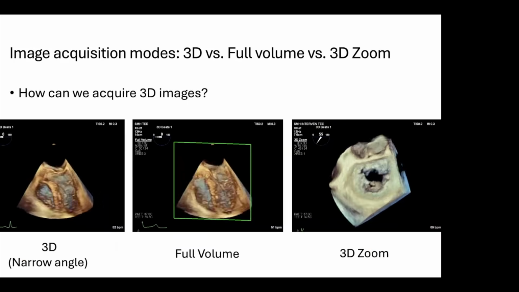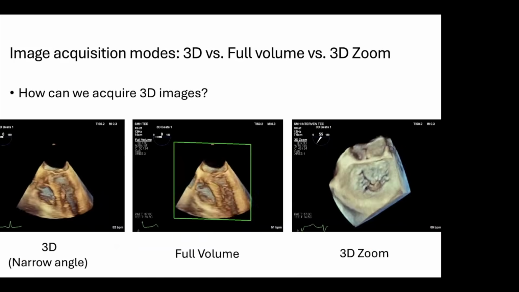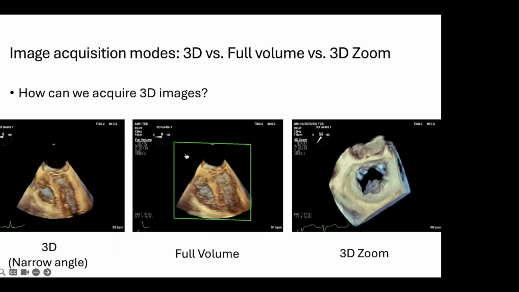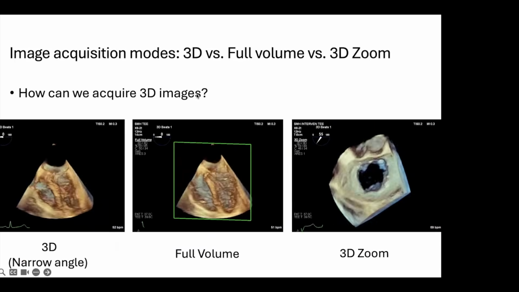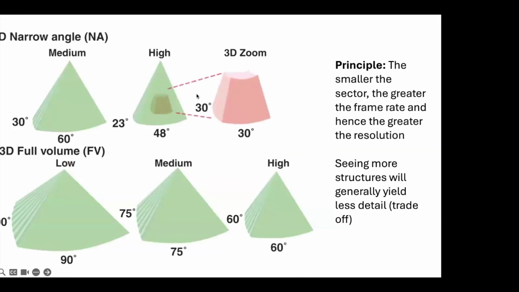So in terms of the image acquisition modes, there's a few different modes that we can use to acquire 3D images, and so we'll go over that. The simplest mode is this 3D narrow angle mode. This is just when you press the 3D knob, it'll just produce a 3D image of whatever you're looking at with the image that you have on your screen. It's simple.